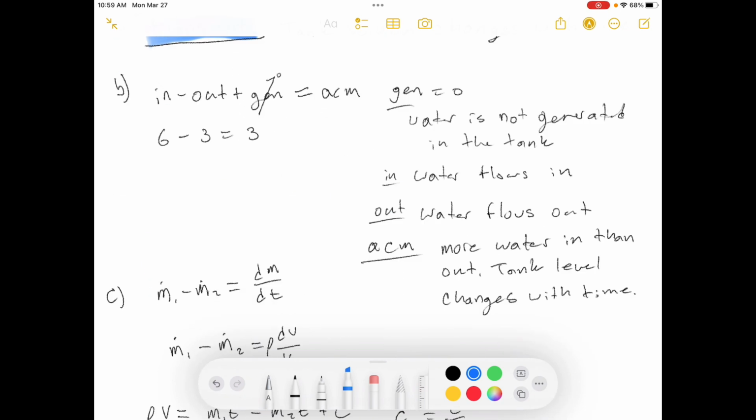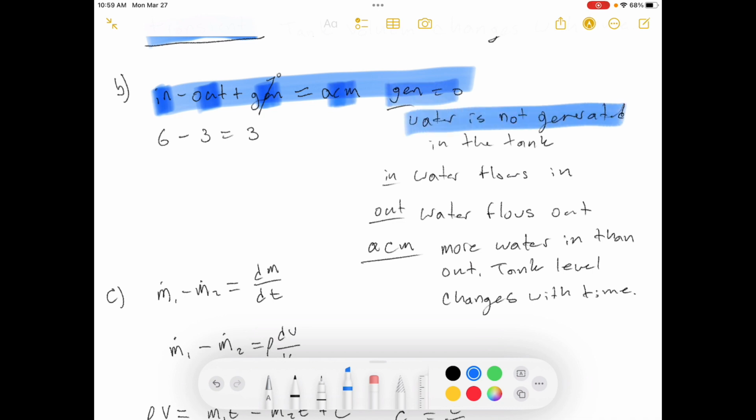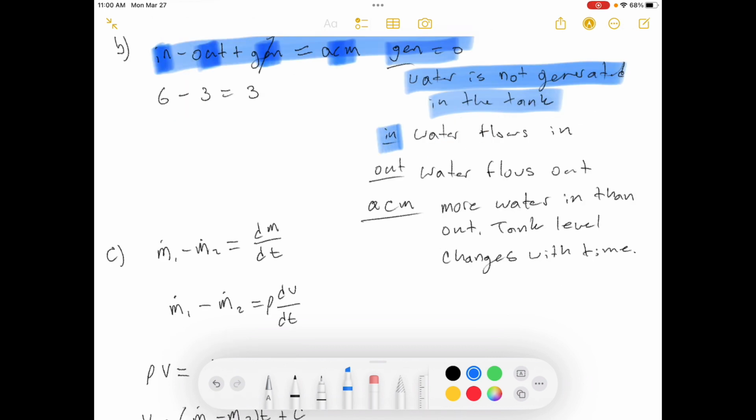Okay, part B. Write a mass balance for the process. Identify the terms of the general balance equation present in your equation and state the reason for omitting any terms. So here's the general balance equation: in minus out plus generation equals accumulation. We know that the generation is 0, because water is not generated in the tank.